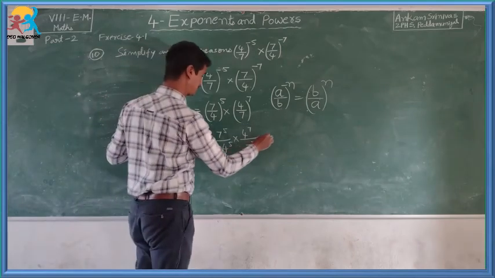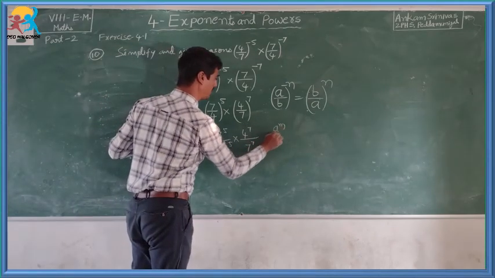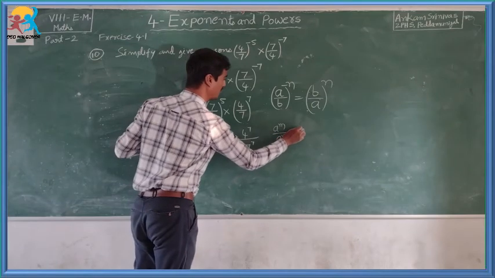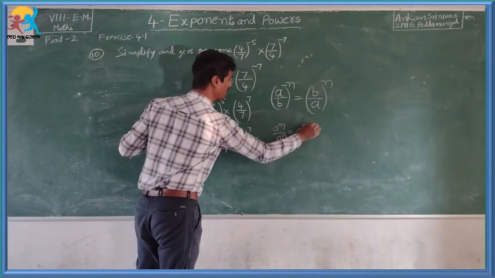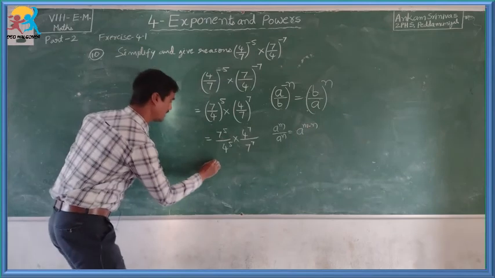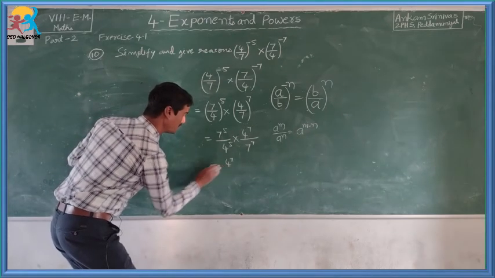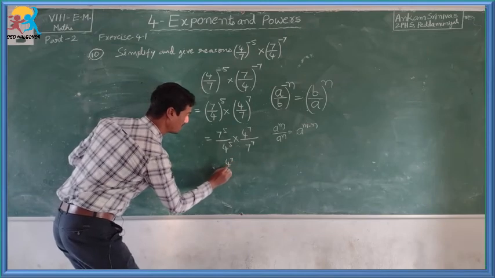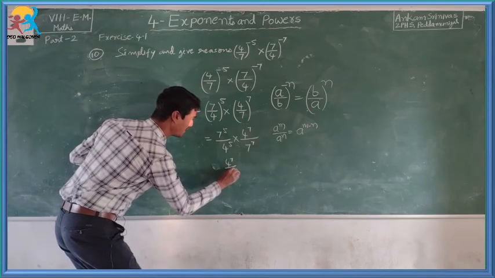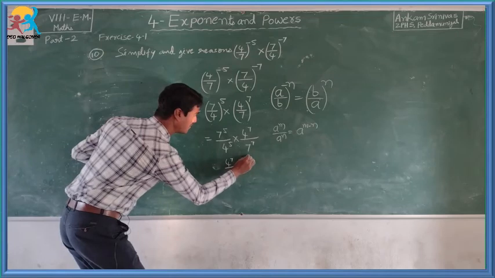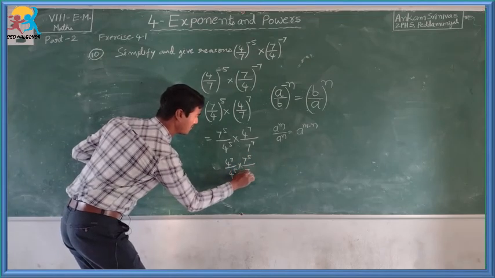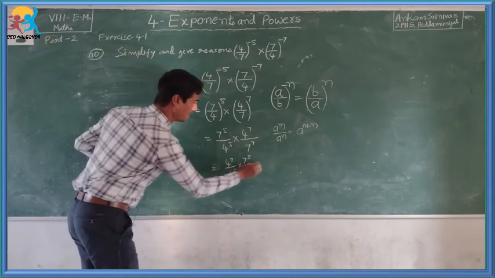We know that a power m by a power n equals a power m minus n. So here 4 to the power of 7 by 4 to the power of 5 into 7 to the power of 5 by 7 to the power of 7.